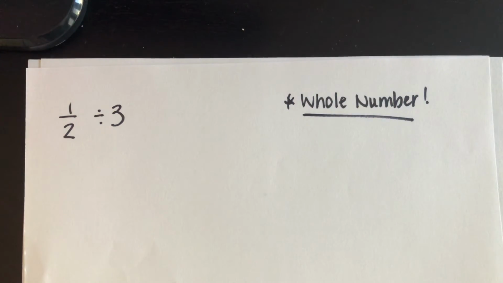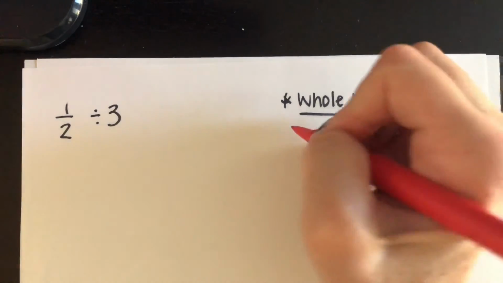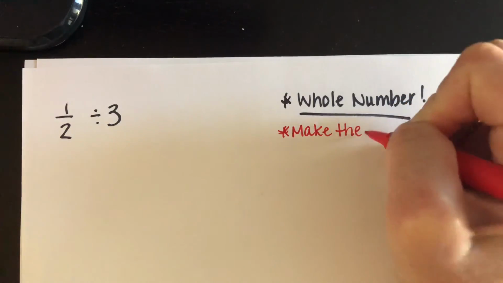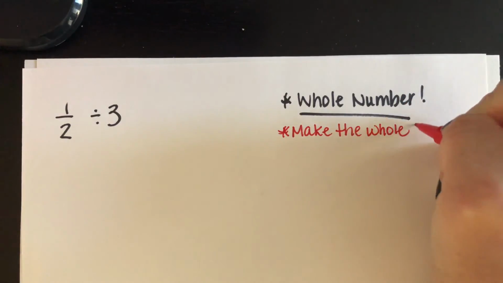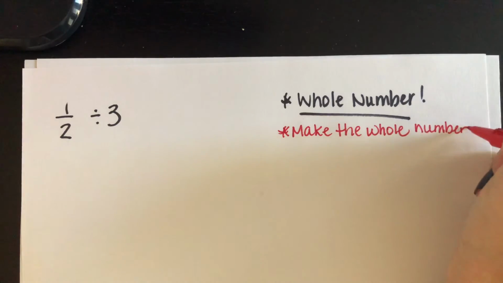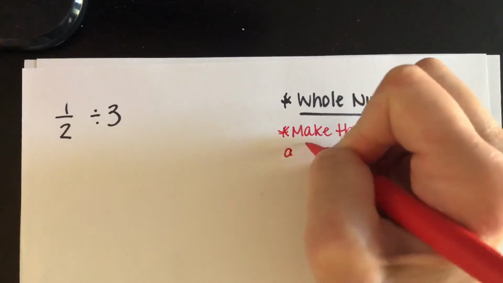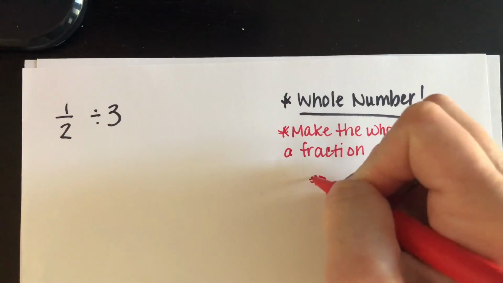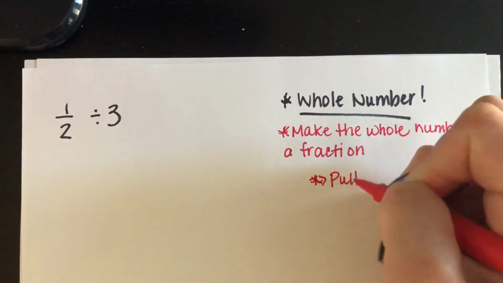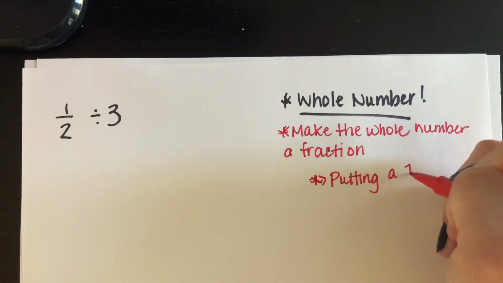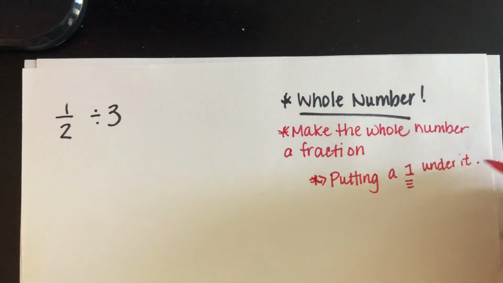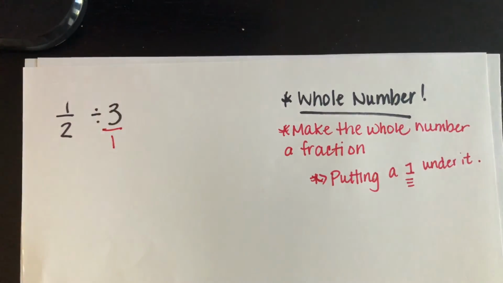Before I can do anything, I need to make the whole number a fraction, and you do that by putting a 1 under it. So I'm going to go ahead and put a 1 under it.